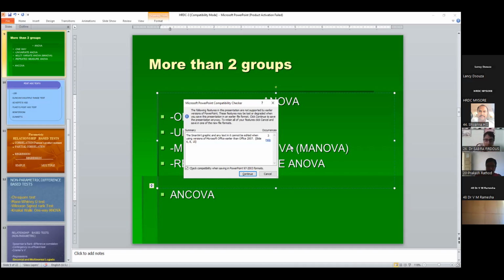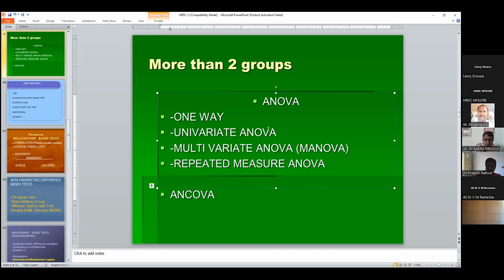Whereas in univariate ANOVA, we had a single dependent variable versus 2 or more independent variables, in multivariate ANOVA, or MANOVA, we have several independent variables versus several dependent variables. That's why it's called MANOVA.